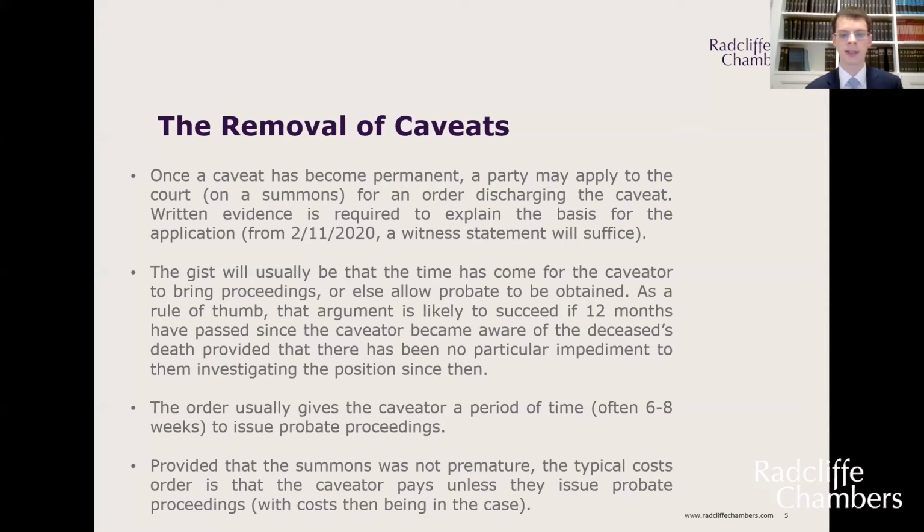And typically, because the caveator will be the person who doesn't want the apparent last will to be admitted to probate, their claim will usually be to propound against the last will, possibly earlier wills as well, and seek a grant in solemn form, either of a will under which they benefit, presumably, or a grant of lesser administration. That's the usual form of order.